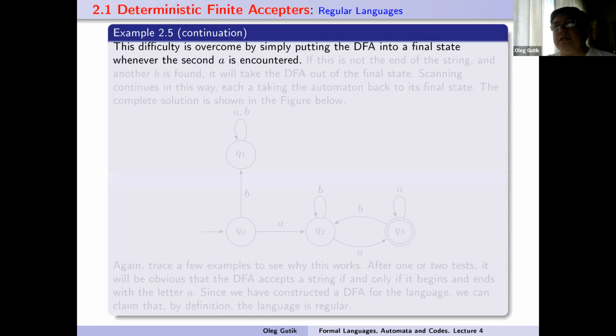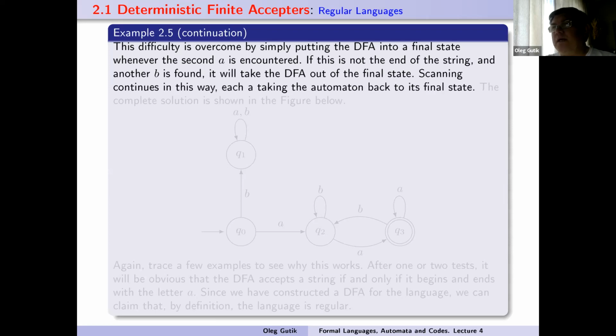This difficulty is overcome by simply putting the deterministic finite acceptor into a final state whenever the second A is encountered. If this is not the end of the string and another B is found, it will take the deterministic finite acceptor out of the final state.